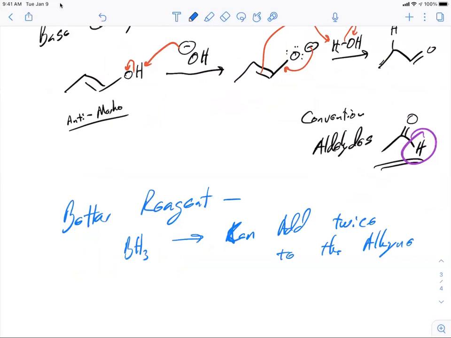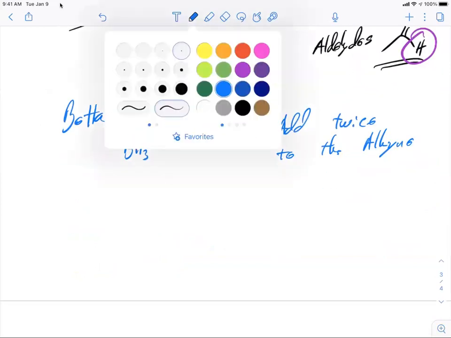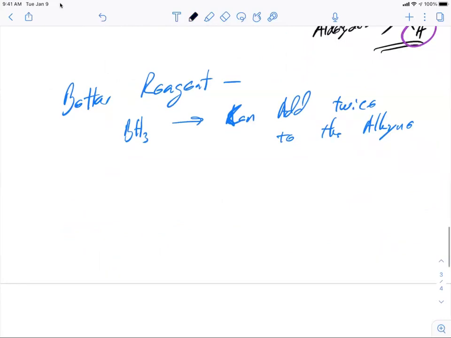So the BH3 can add twice. It doesn't always add twice, but it can, and there are better reagents. Those two better reagents are bulky one-hydrogen boron species.